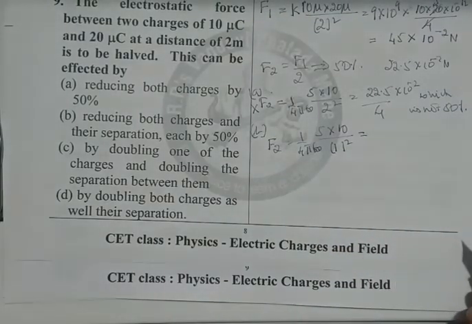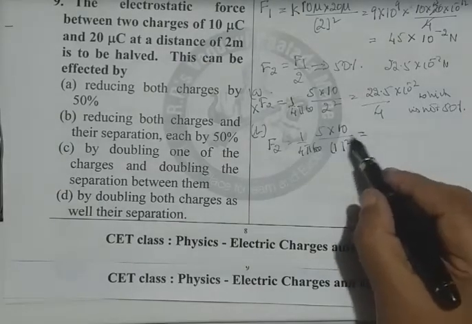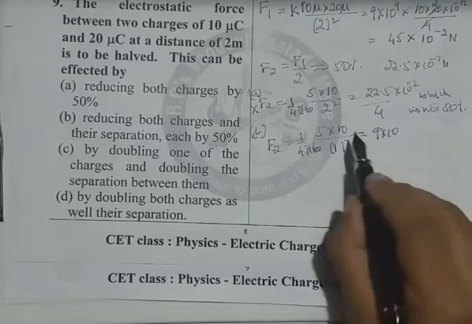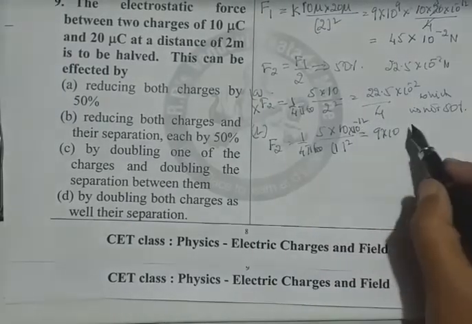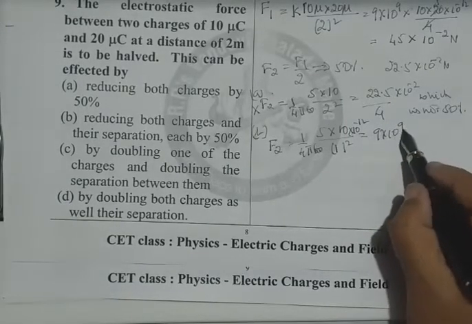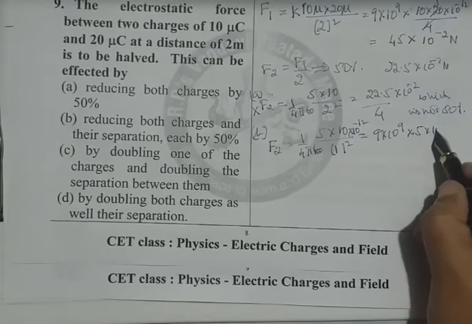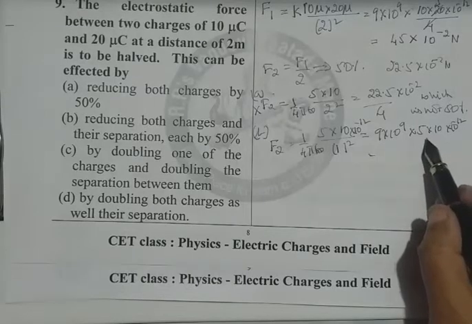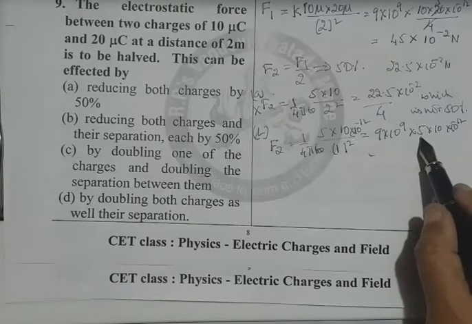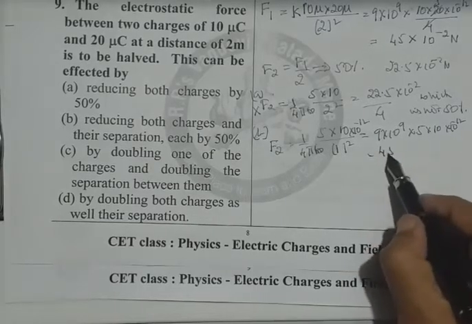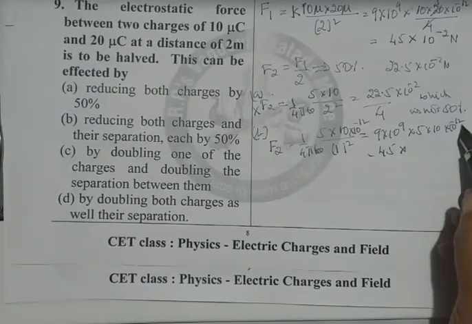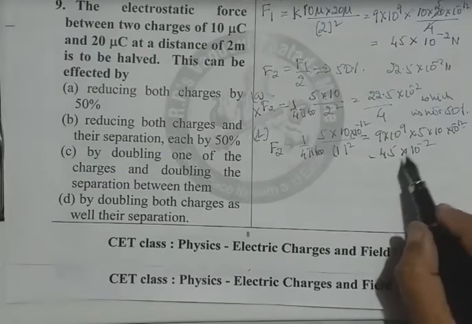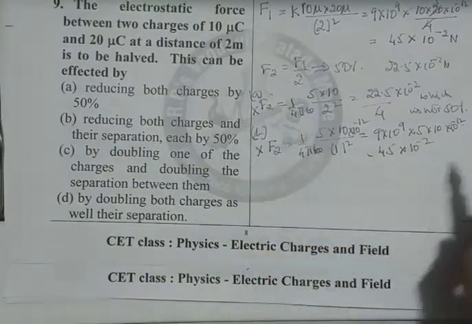Now if we calculate this, 9 into 10 raised to 9 into 5 into 10 into 10 raised to minus 12, I can write 45 here and 10 raised to minus 2. So this is same as F1, therefore B is also not possible.